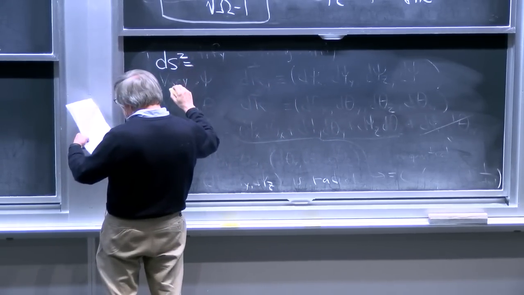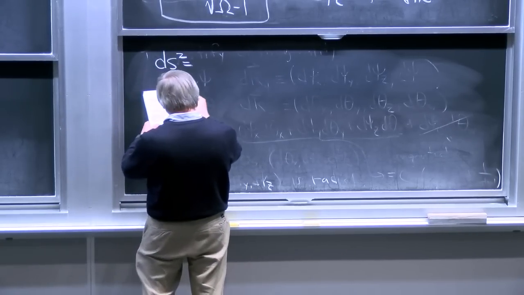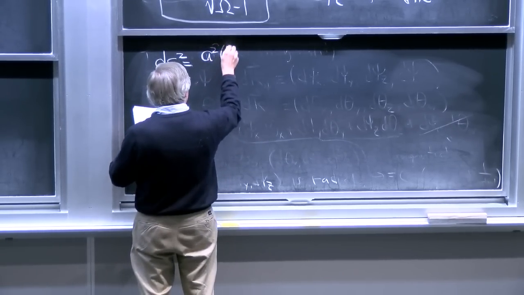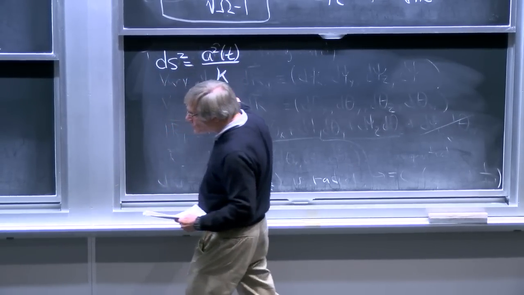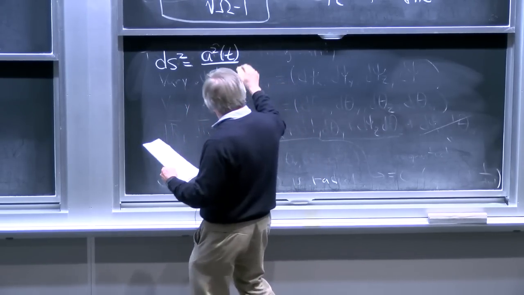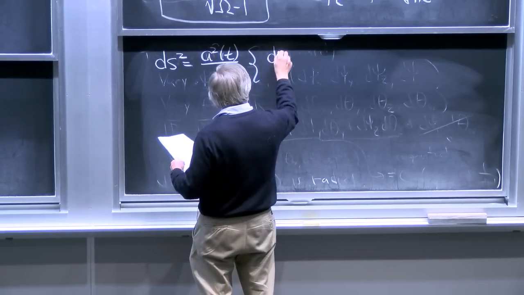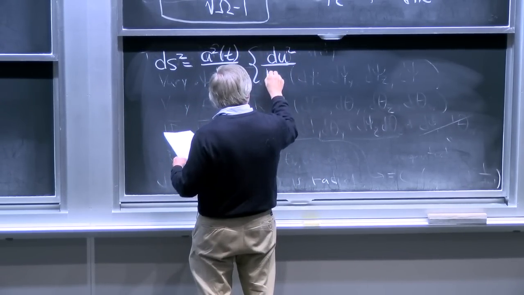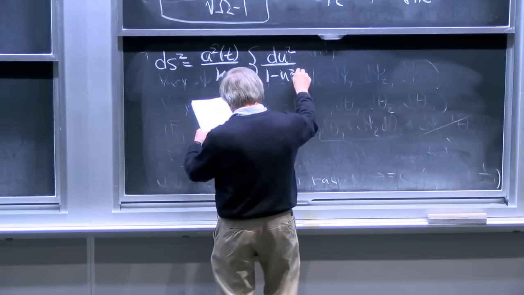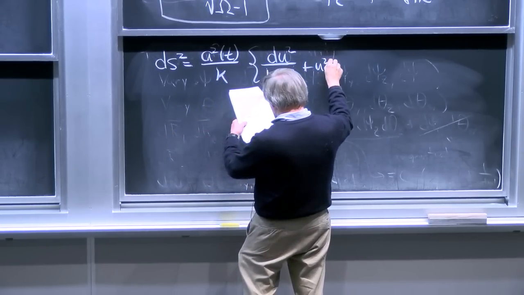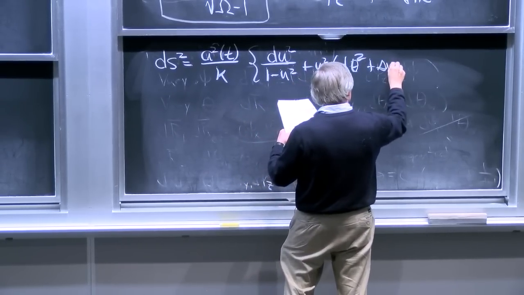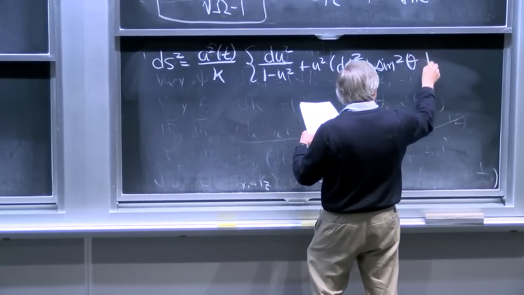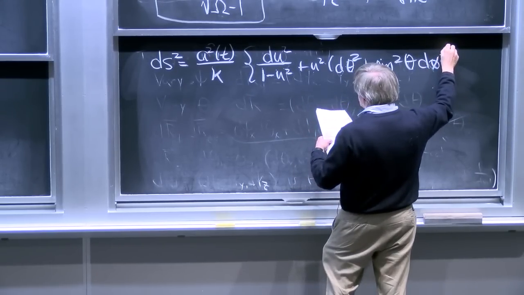So we can write ds squared is equal to a squared of t divided by k, which is what we previously called r squared, times du squared over 1 minus u squared plus u squared times d theta squared plus sine squared theta d phi squared.